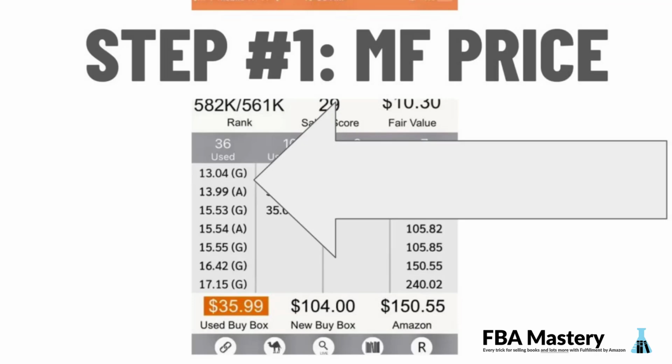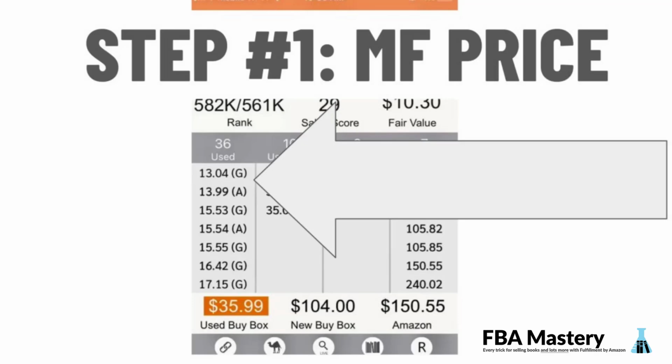When I say step 1, step 2, that's literally the order that I go in. When I scan it, my eyeballs immediately go to the merchant fulfilled price column. And the reason is this: even though I'm an FBA seller, and even though 100% of my inventory is FBA, it doesn't often matter what the lowest FBA price is.